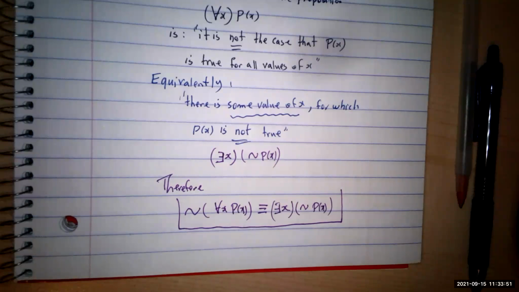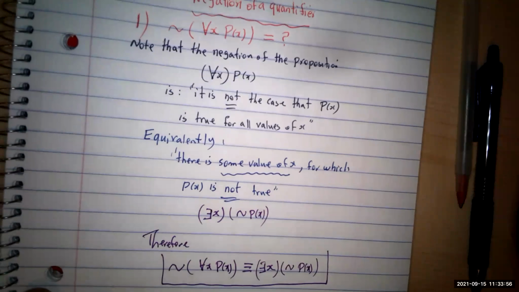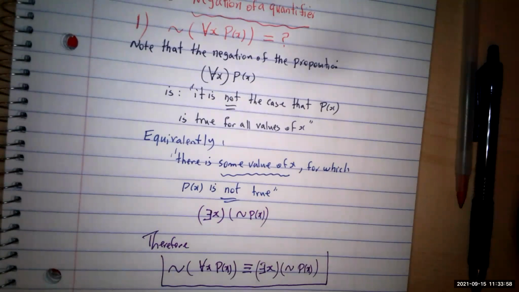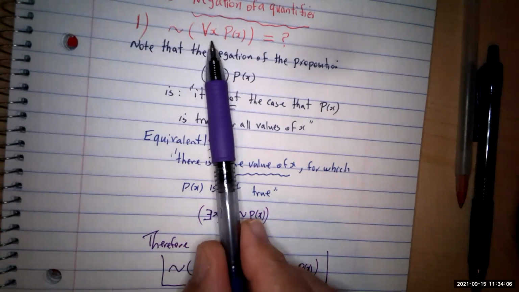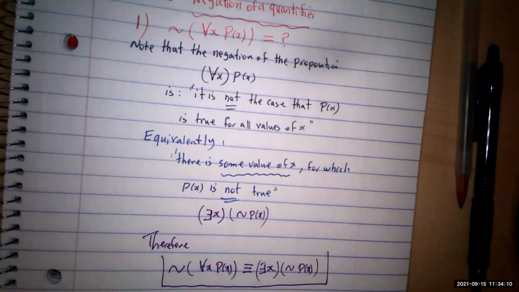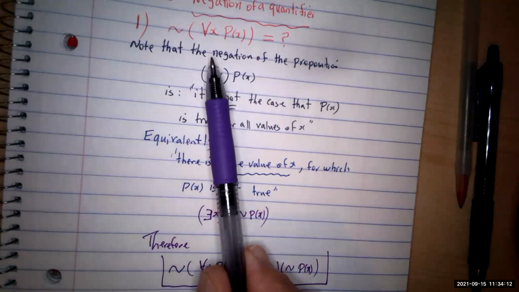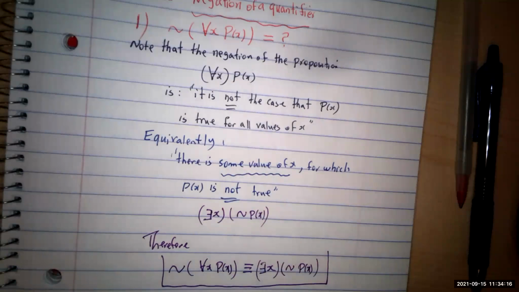Any question? You see, nice proof. So you don't need anything else. This is just reading the argument and changing it. We start with the fact that this means not that for all x, P of x is true.